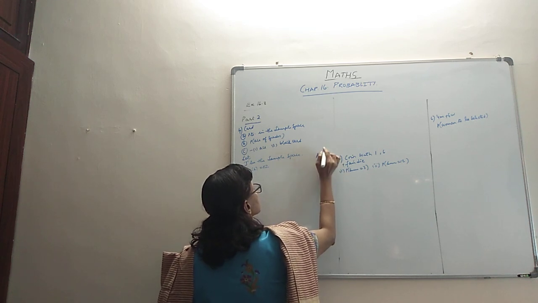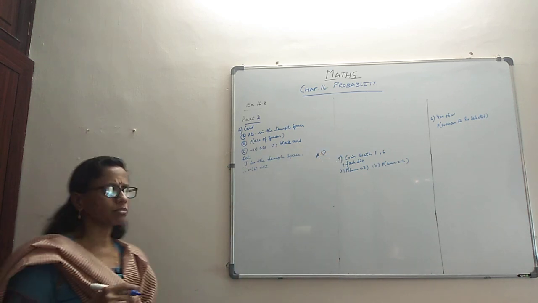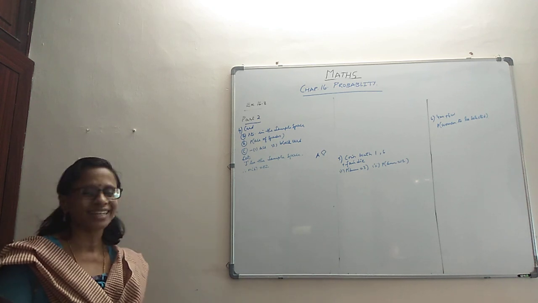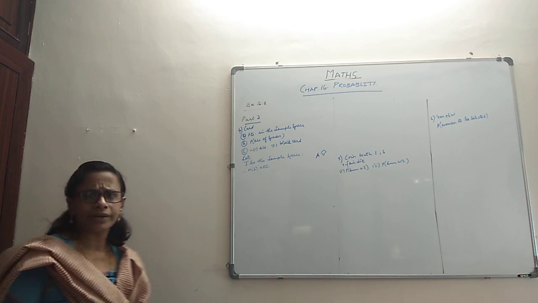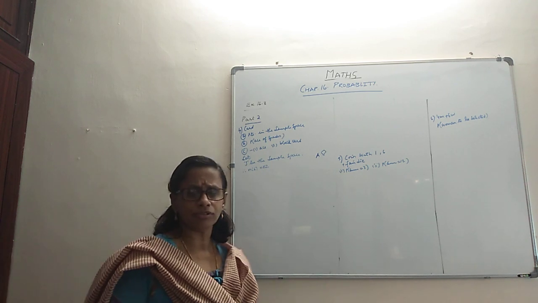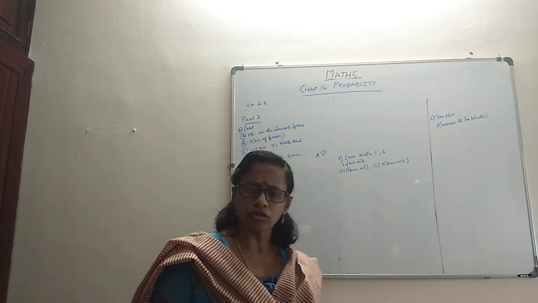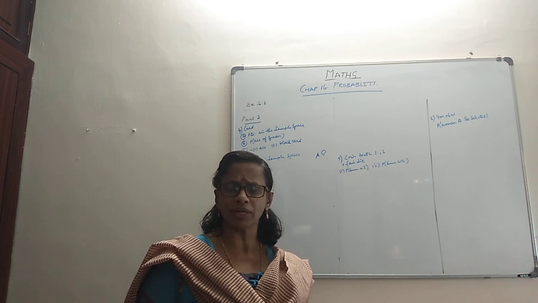Something like this. You can pardon my drawing, but I'm trying to give my maximum to it. So ace of spade is just one card in the whole 52 cards. It's not that you have 4 or 5 choices. You've just got one choice. If you're searching for ace of spade in the whole pack of cards, you'll find only one such card.